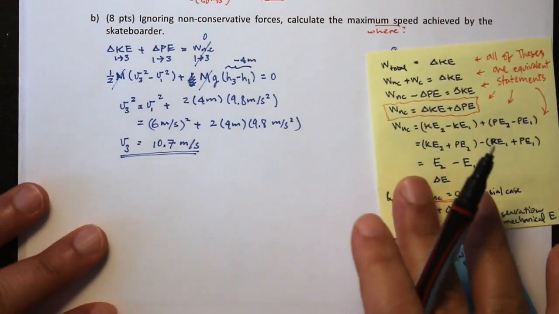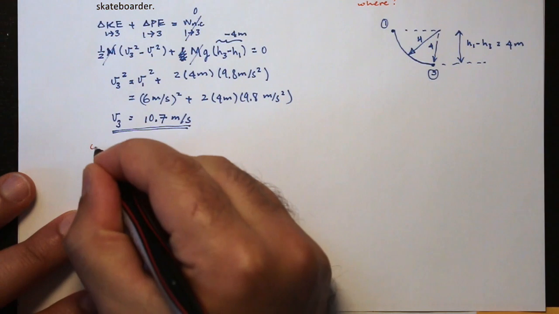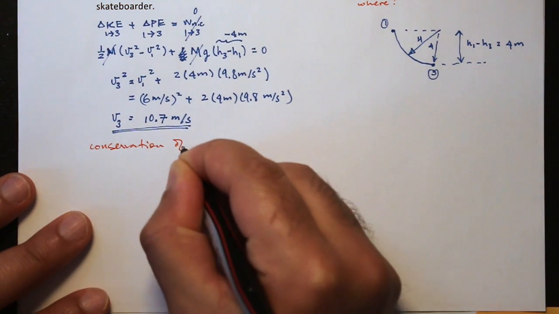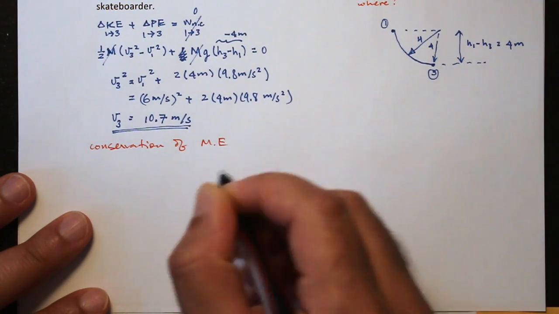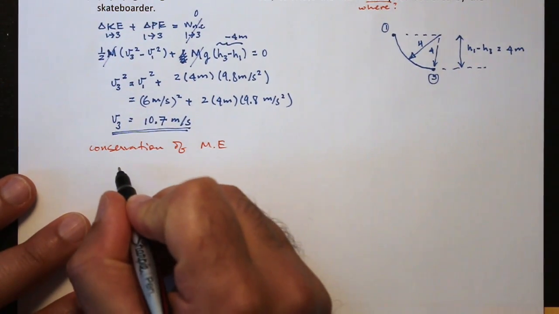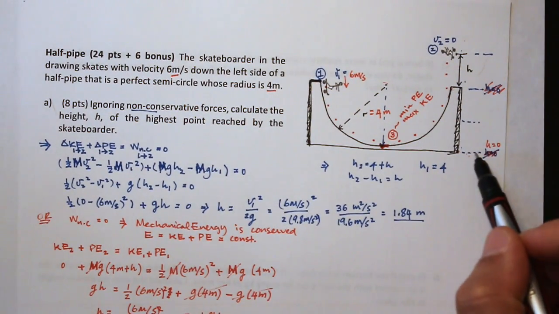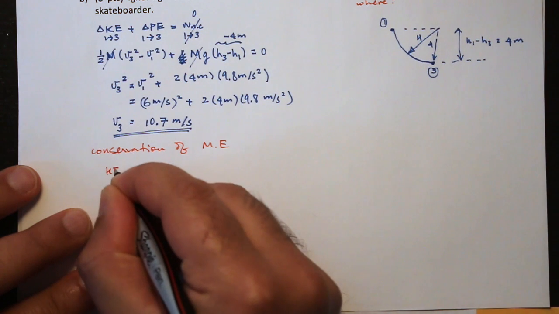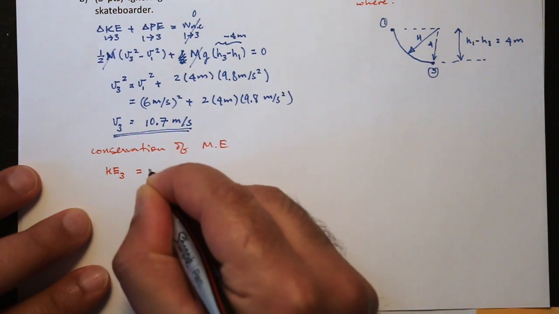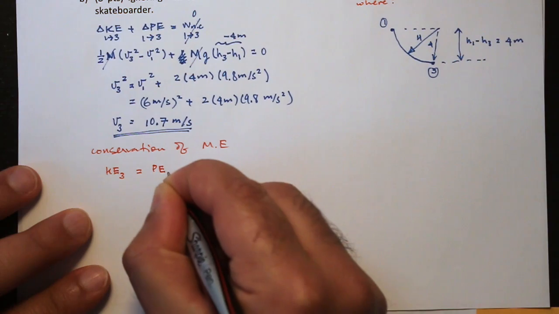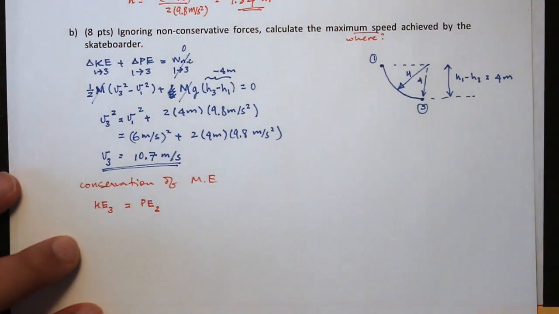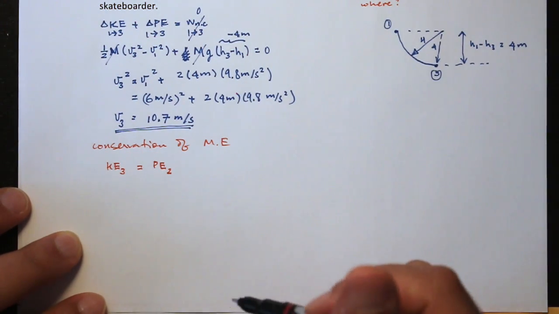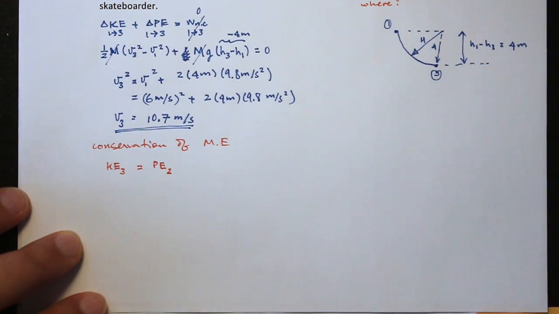So from the statement of conservation of mechanical energy, I get that choosing h equal to 0 right at position 3 will give me that the kinetic energy at position 3 is equal to the potential energy at position 2, where position 2 is at the highest h achieved by the skateboarder.